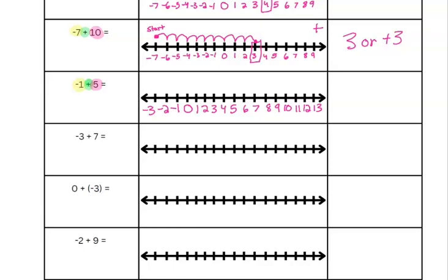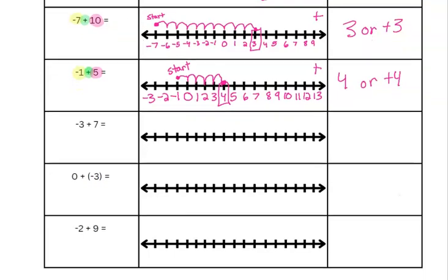The first number is a -1, so I'm going to place a dot to start at -1. It has a plus, which means we are again going to be moving to the right-hand side in a positive direction. And the second number is a 5, which tells me I'm going to count over 1, 2, 3, 4, 5 jumps to find my answer. That means 4, or +4, is going to be my answer for this question.